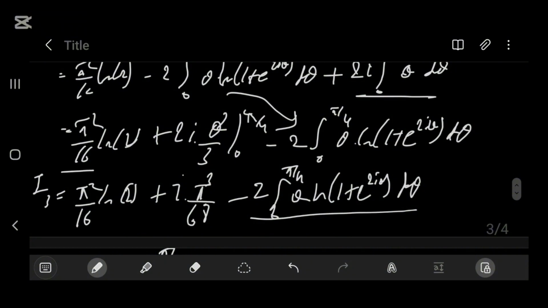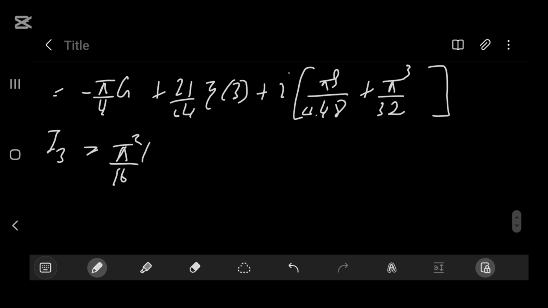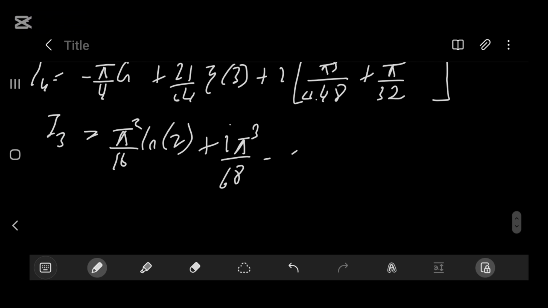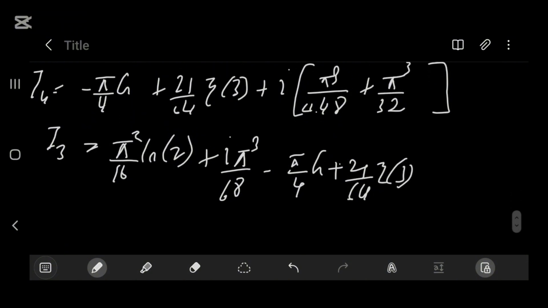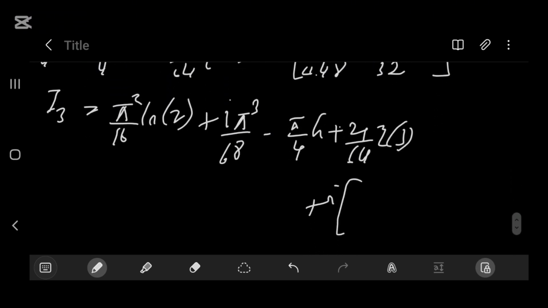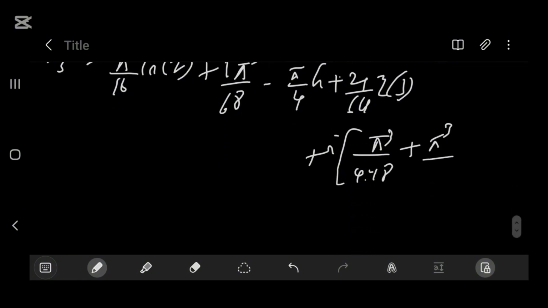This is the I3 part, so we get pi squared over 16 times log 2 plus i times pi cubed over 68, and we have this part where I4 is equal to minus pi over 4 times Catalan constant plus 21 over 64 zeta of 3, and the imaginary part of it, which is i times pi cubed over 4 times 48 and plus pi cubed over 32.